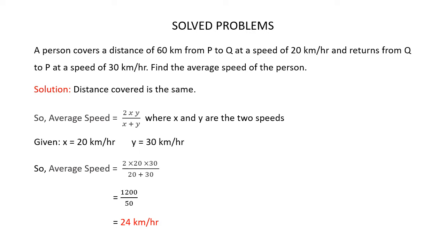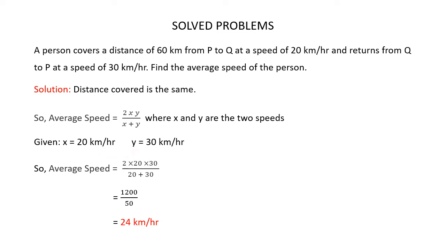So when the distance covered is the same and two speeds are given, then average speed can be found out using the formula average speed is equal to 2xy divided by x plus y, where x and y are the two speeds. Now it's given that x is equal to 20 kilometers per hour and y is equal to 30 kilometers per hour.